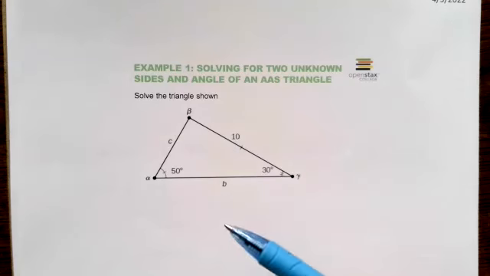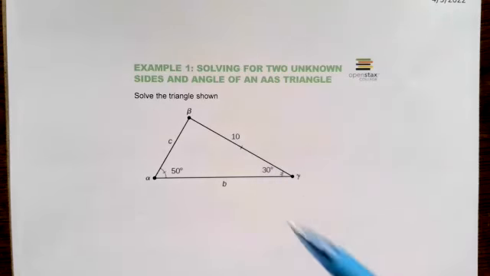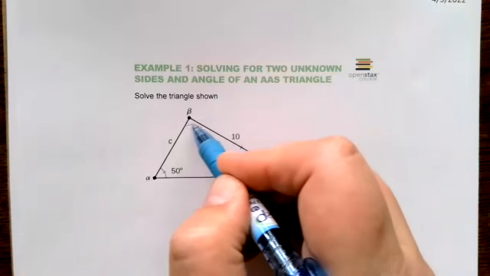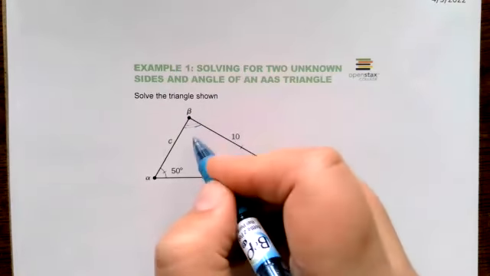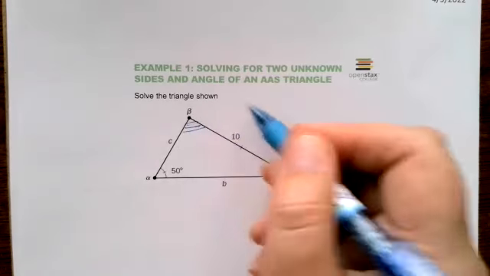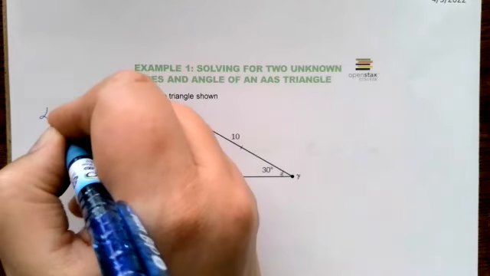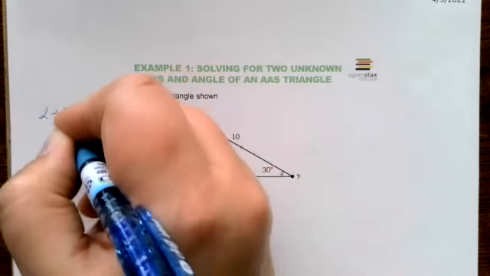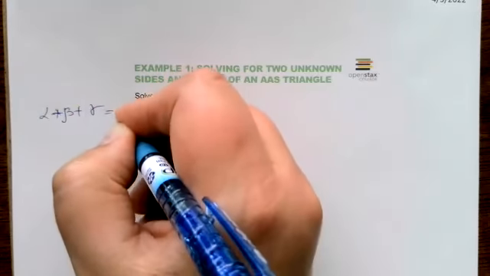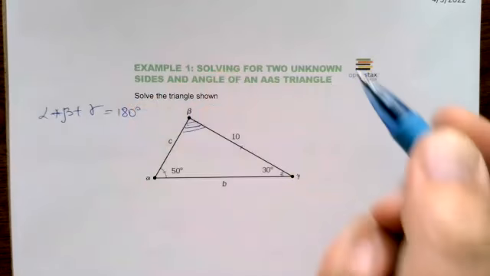So whenever we know two of the angles, we can easily find the third angle, right? Because we know that alpha plus beta plus gamma should add up to 180 degrees.